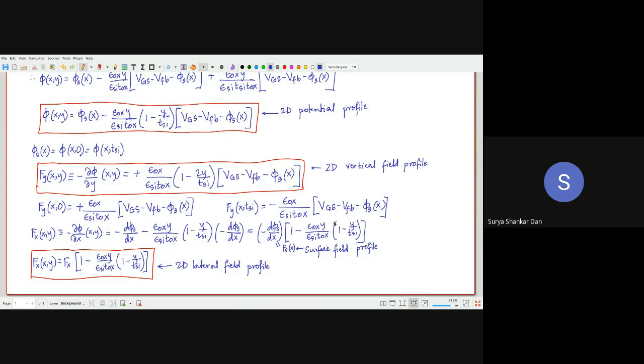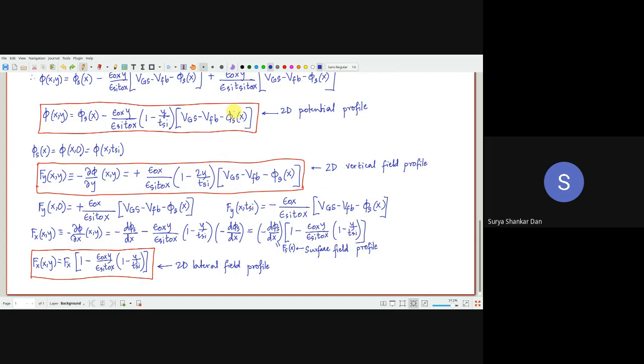So if it is okay, then in the next class, we will investigate how to find out the surface potential. Once we obtain the expression for the surface potential, we can easily get the 2D potential profile. It's just a compact model. Whatever the phi s value is, you can put it here and here, and you will get the entire 2D potential profile.